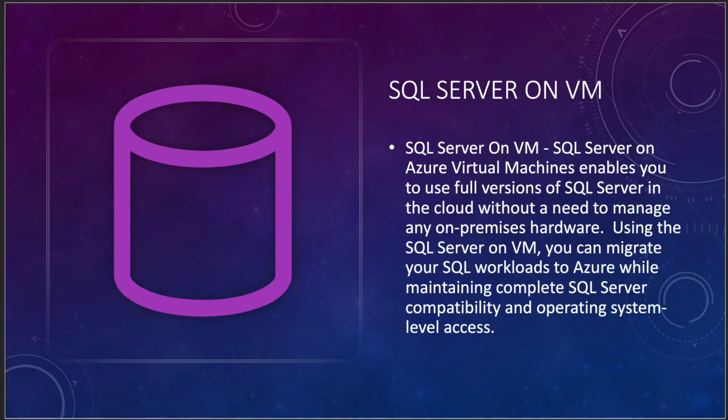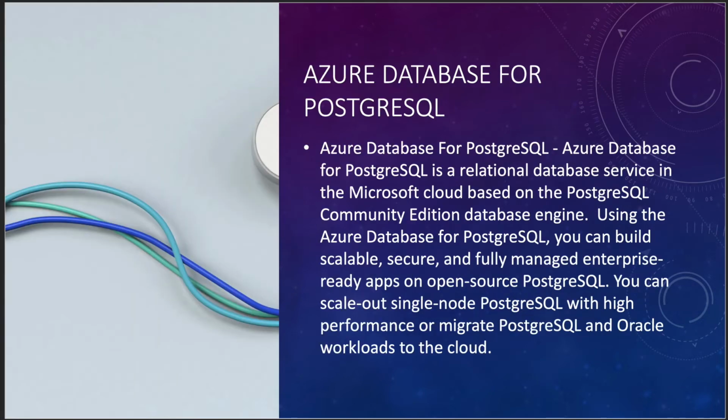Now, SQL Server on a VM is just that. It allows you to use full versions of SQL Server in the cloud without the need to manage any on-premises hardware. This is just like what you would use when you're working in your own data center doing your own thing. You can migrate your SQL workloads with complete server compatibility and operating service level. So again, this is where you start taking care of things on that one.